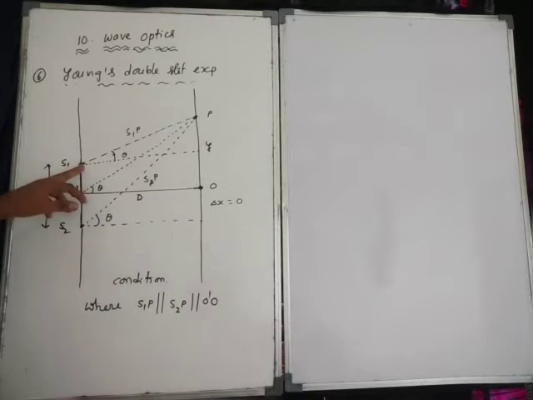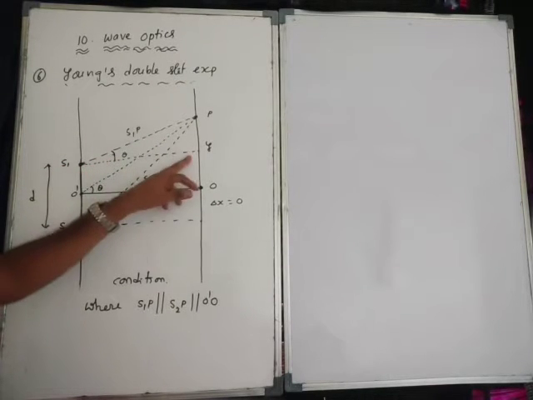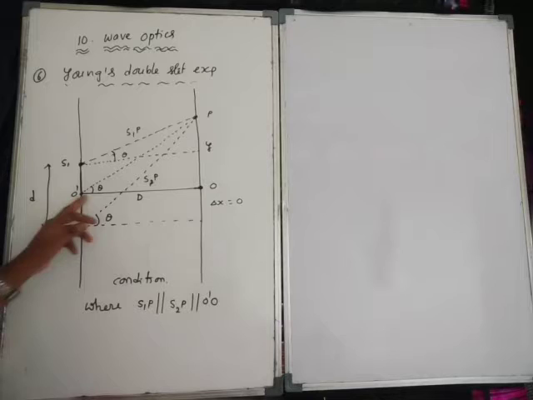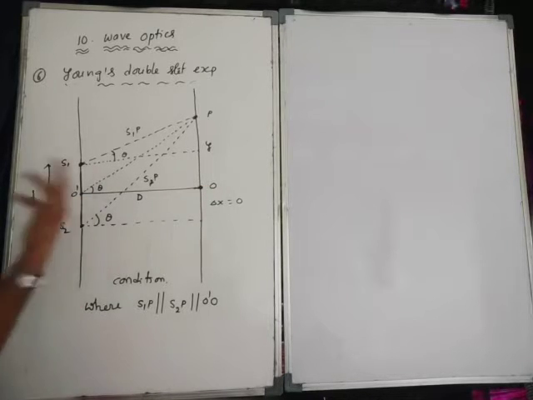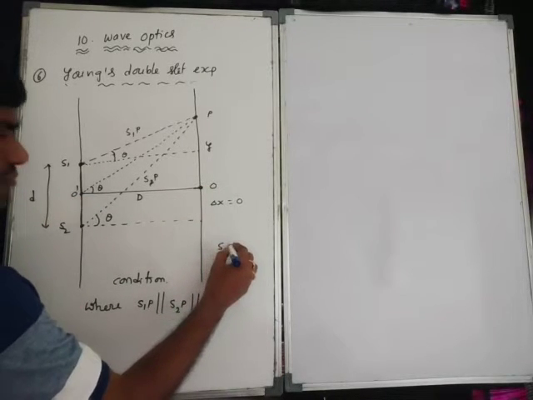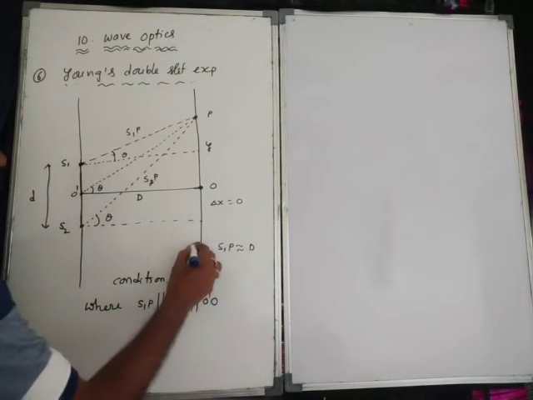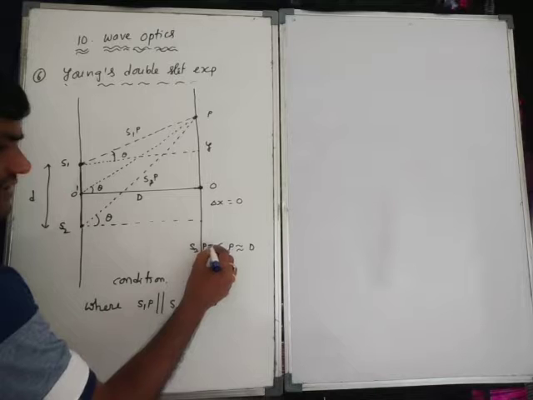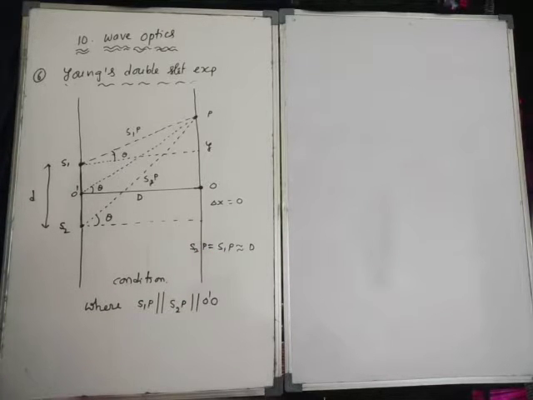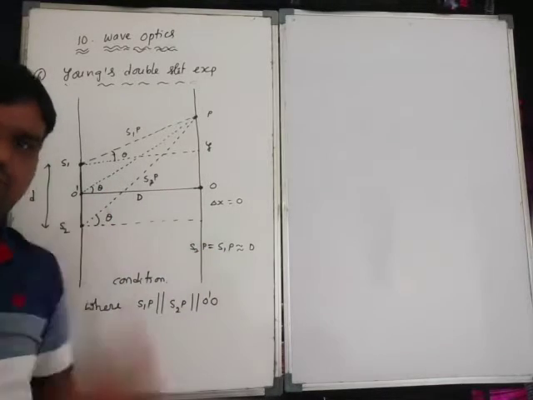In the previous class I gave that S1P is nearly equal to D, where O dash to O is the D I gave previously. S1P as well as S2P are nearly equal to D. Like that we took the condition. Here also the same.